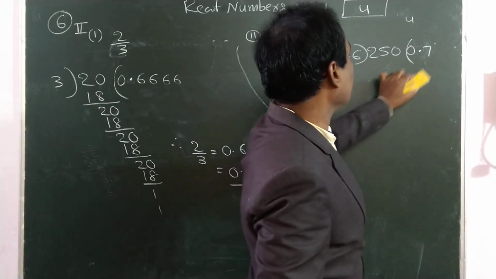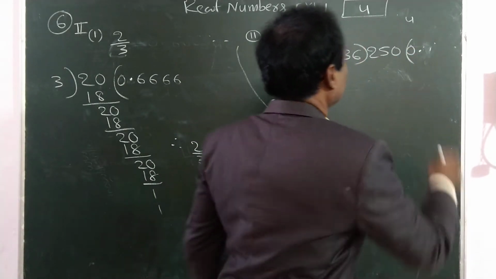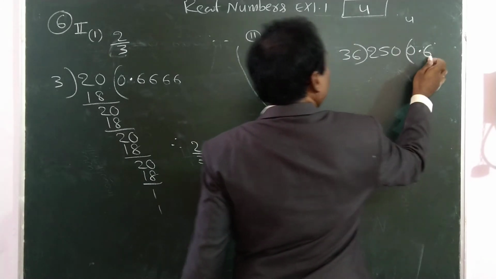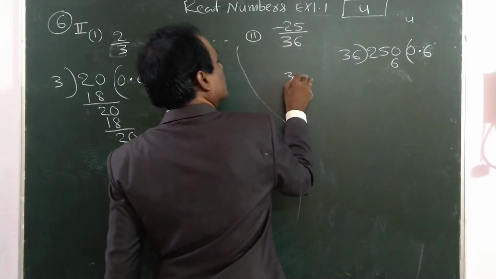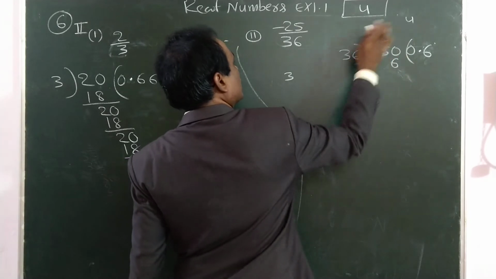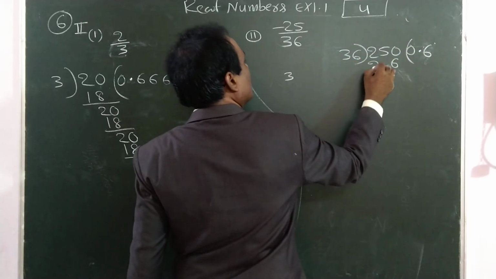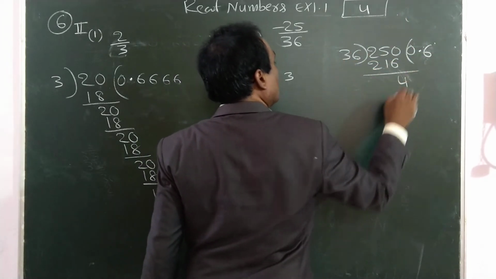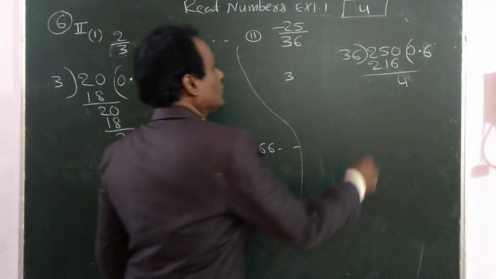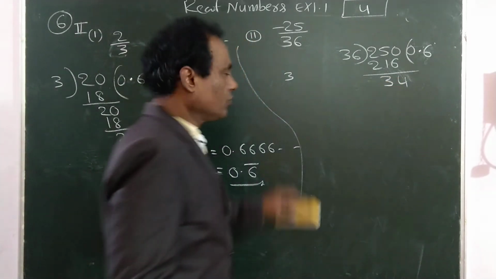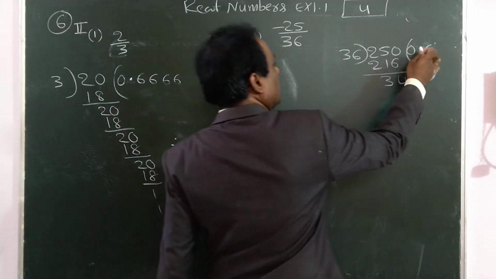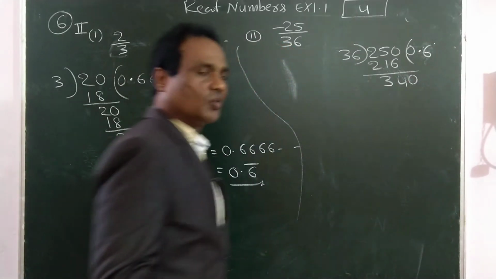No, so 6 times only. 6 6 are 36, 6 3 are 18, 21, this is 4, 34. Once a decimal is kept, every time you can take 1 0.